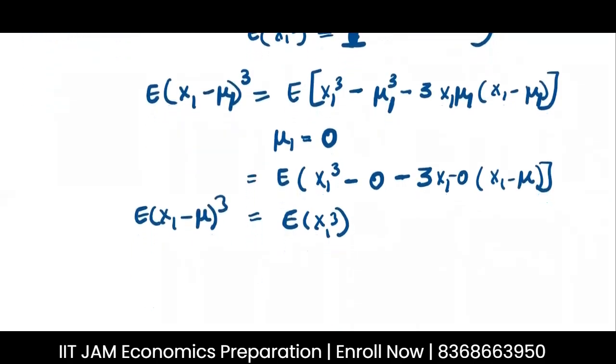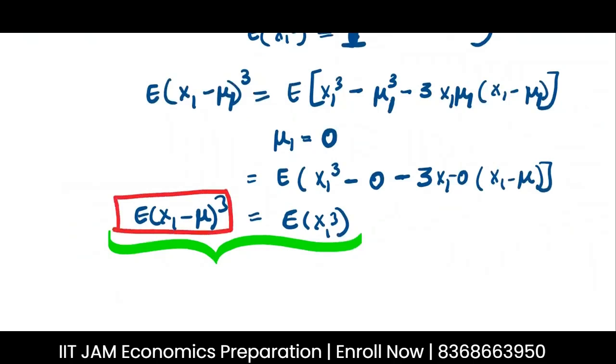So I'm saying that E of (x1 minus mu) whole cube is nothing but E of x1 cube, and this is known as skewness. Skewness actually has a formula, but you can call this the moment around the mean.